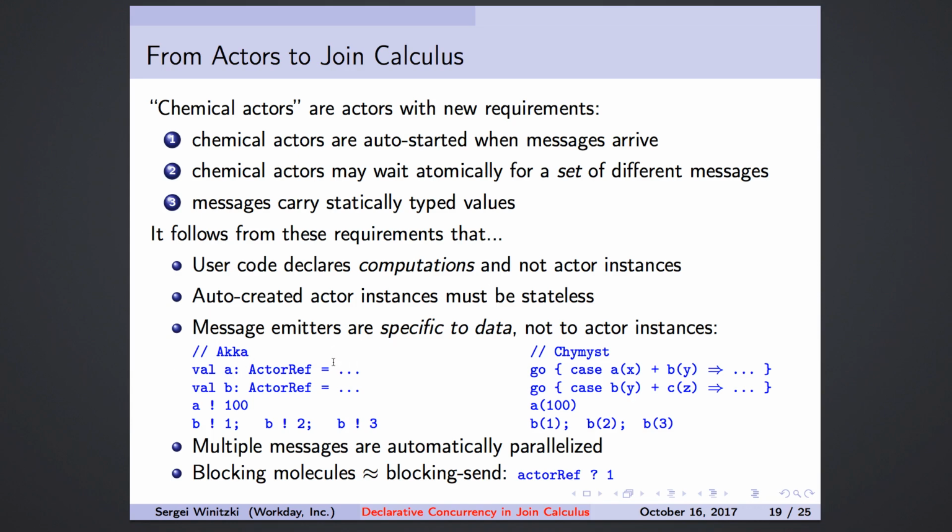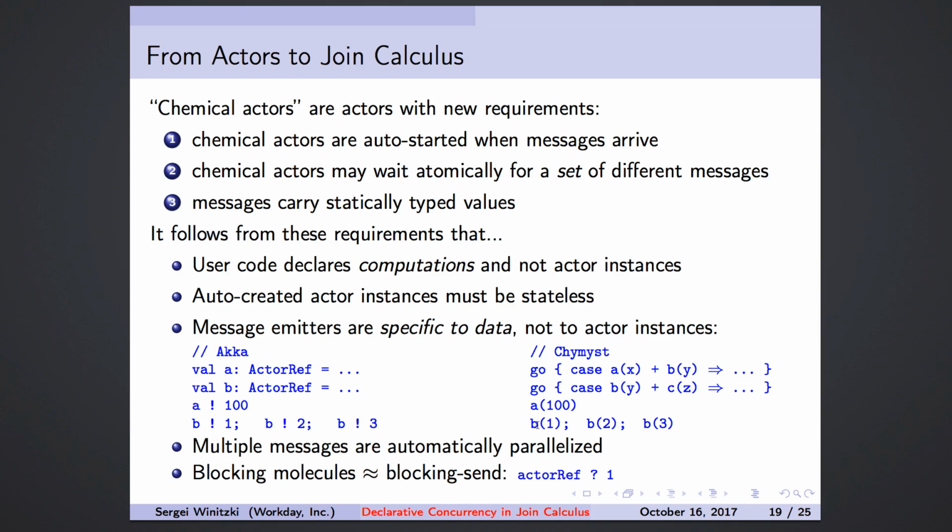And the third thing that follows is that message emitters that were specific to actor instances in the actor model should not be so any longer. They should be specific to data. So here's an example. If I have two reactions, one consuming A and B, and another consuming B and C, and I emit B, and I emit A, obviously, B is not specific to any one of these reactions.